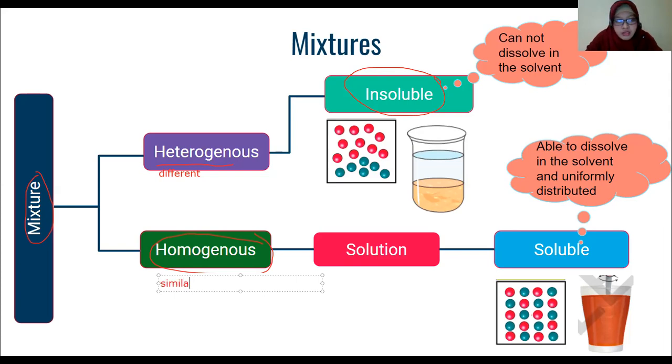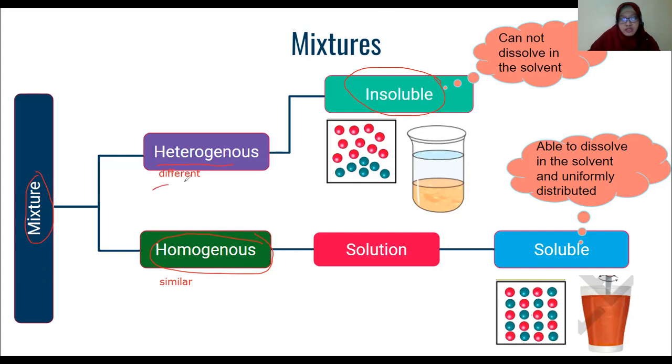Homogeneous means similar. Because the grains can be evenly distributed in the solvent, let's say they are similar, because we cannot differentiate between, for example, which one is salt, which one is the water. They are like united.